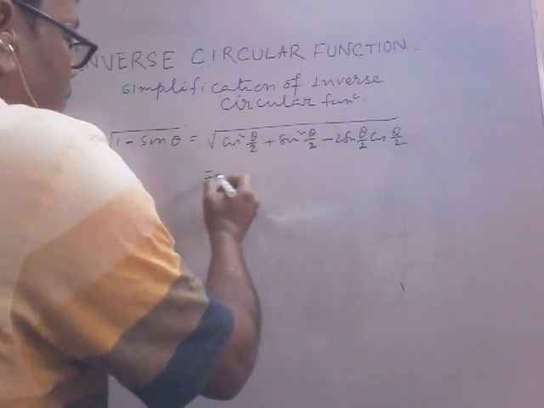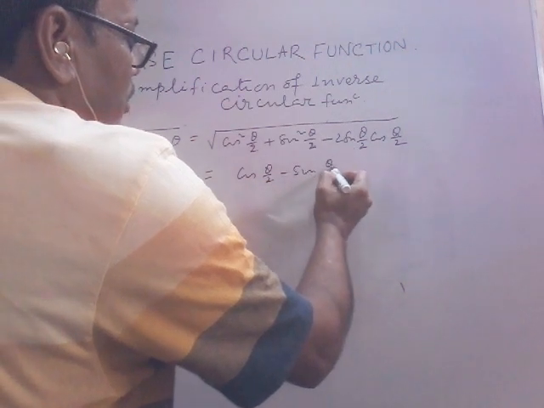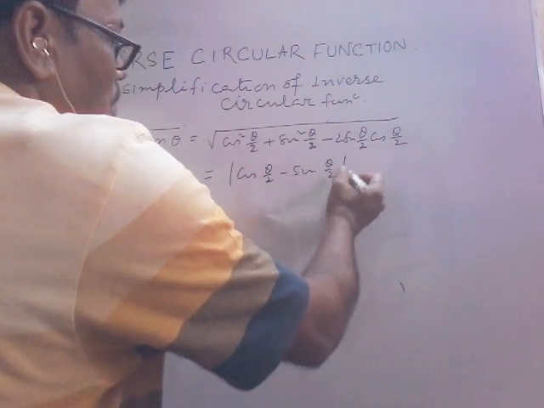Now it is cos theta by 2 minus sin theta by 2, mod.